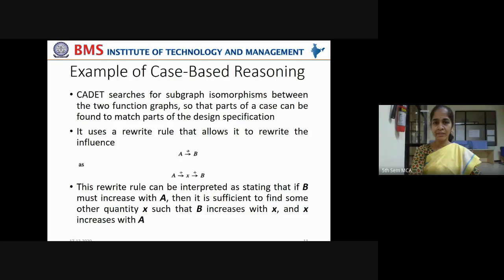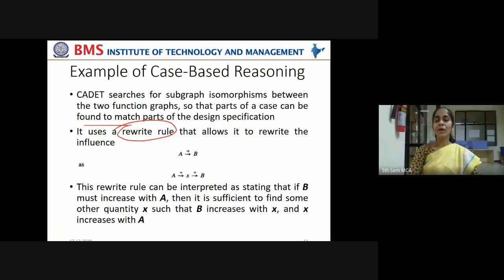So CADET searches for subgraph isomorphisms between the two function graphs so that parts of a case can be found to match parts of the design specification. Partially, the design specification may be met by the existing cases. Now it uses a rewrite rule.